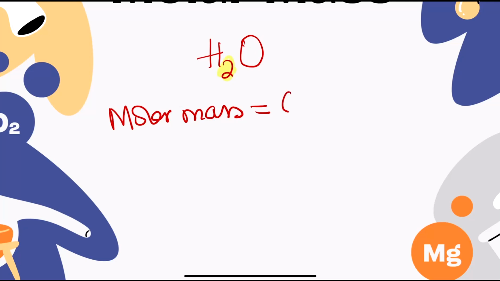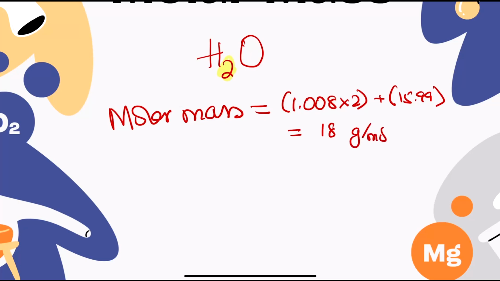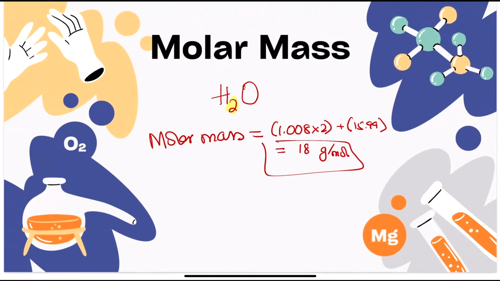So I would say 1.008 times 2 plus 15.99 something. So you get your answer around 18 grams per mole, right? So this is your molar mass. And that's exactly how you can calculate molar masses for any sort of compound.